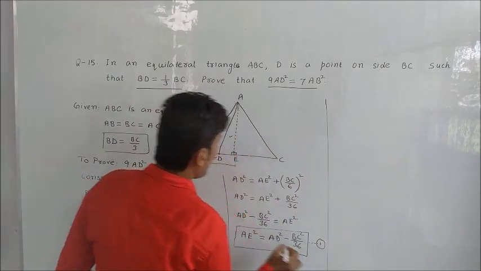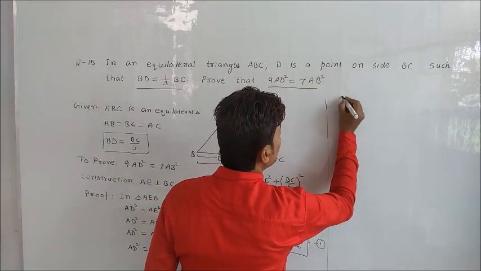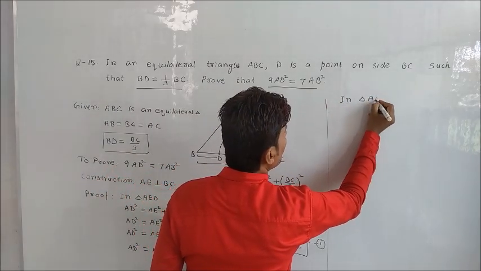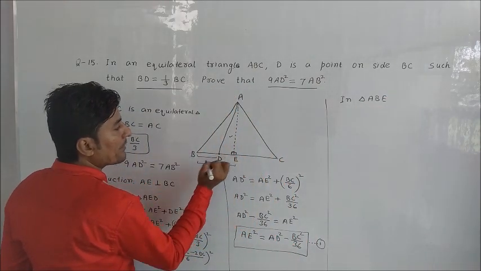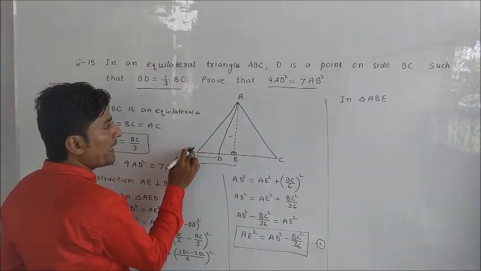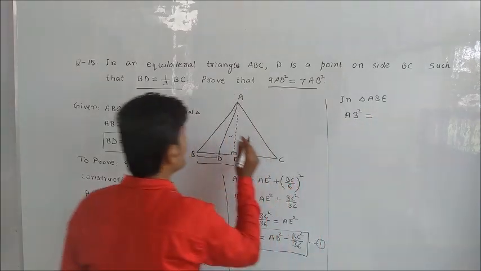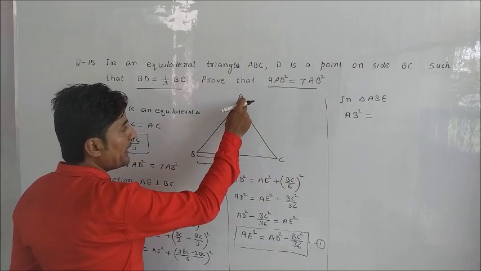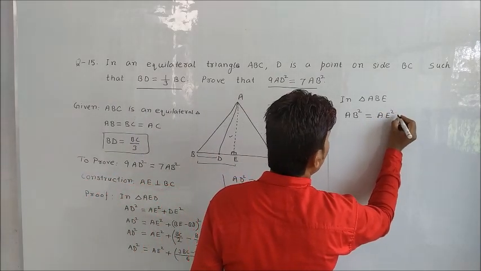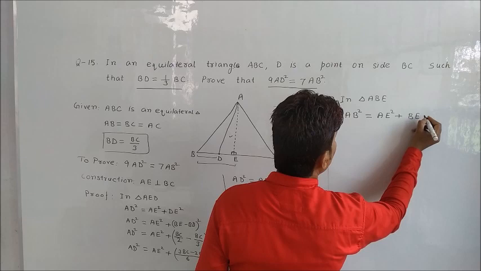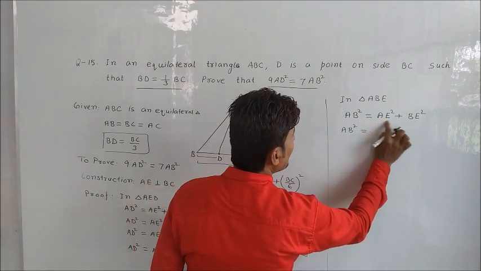Now, after that we will consider triangle ABE. In triangle ABE, which is also a right angle triangle, AB square equals AE square plus BE square. So AB square will remain the same, equals AE square.